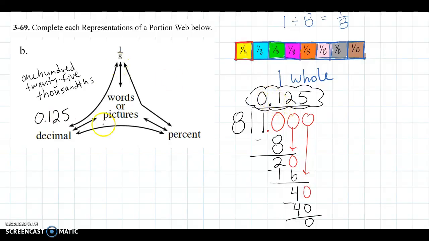Now, if I want to write this as a percentage, it's a little trickier because I know my percents are always out of 100. That's what the word percent means. Percents are always out of 100. So an equivalent fraction to this is 125 thousandths. So how can I take this and turn it into some amount of hundredths?